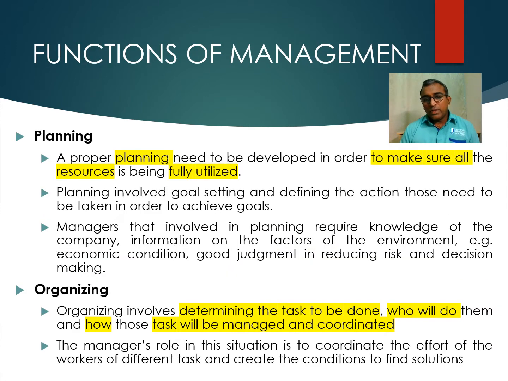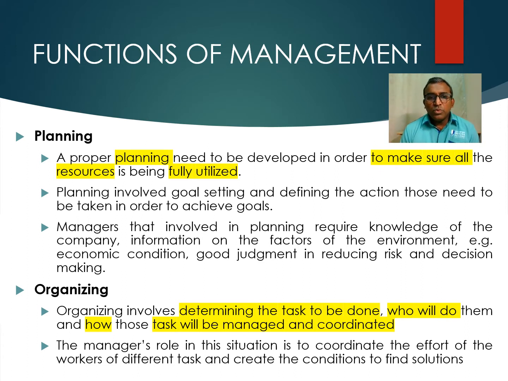So let's look at the four components which make up the functions of the management. We already know who the management group are. Those are the high-ranked people in a company. Firstly, they plan.